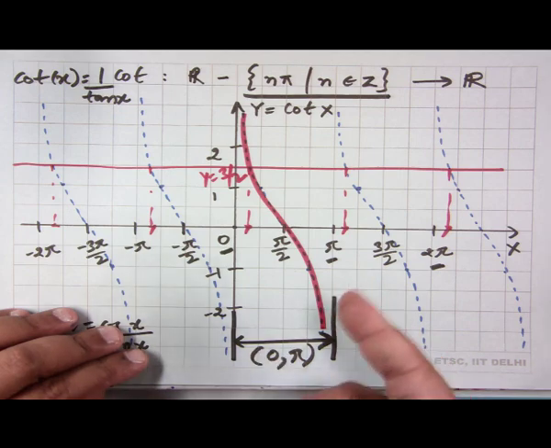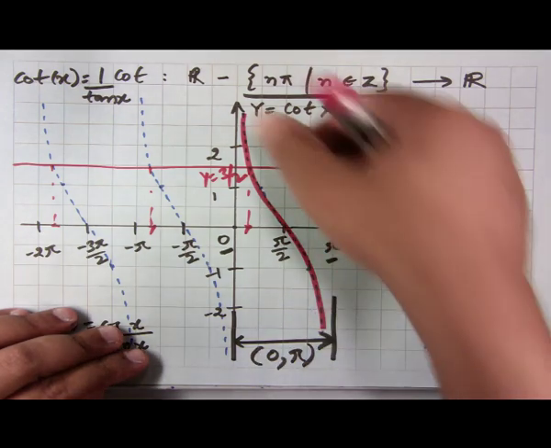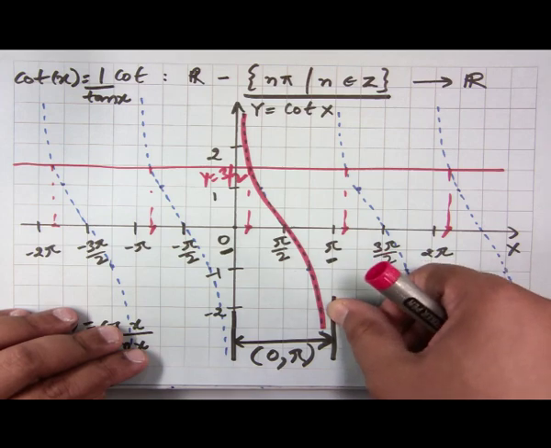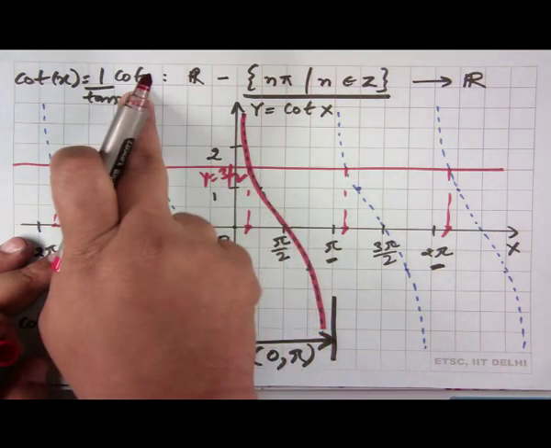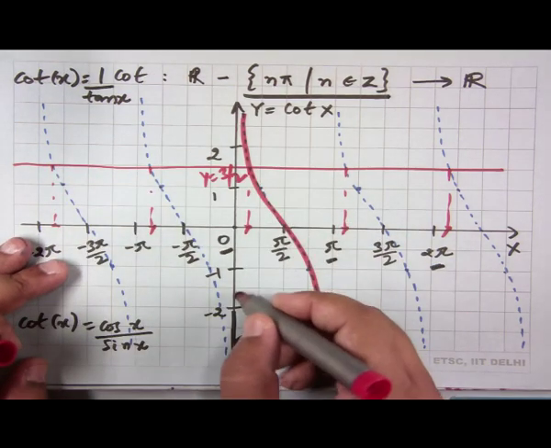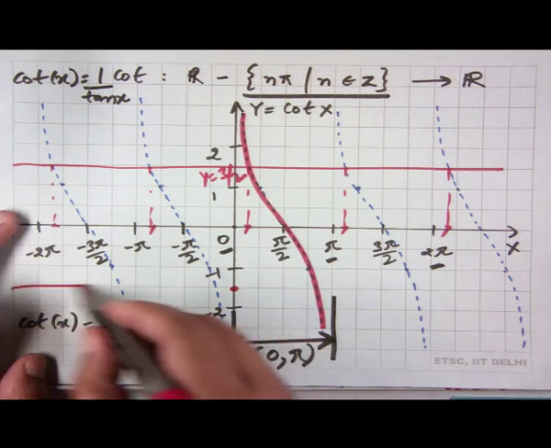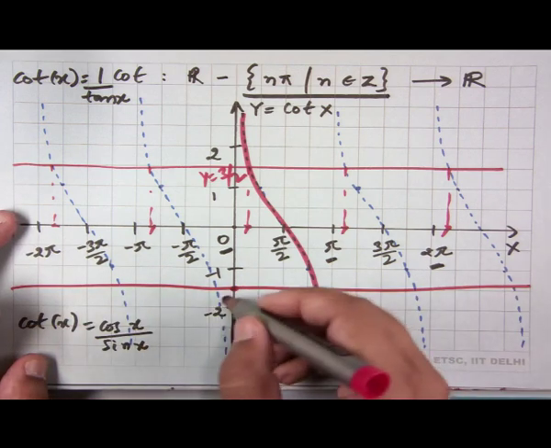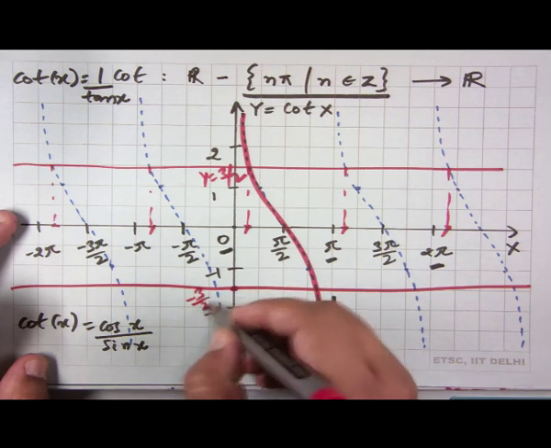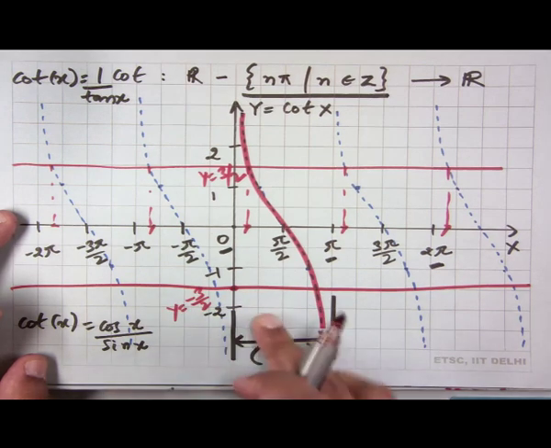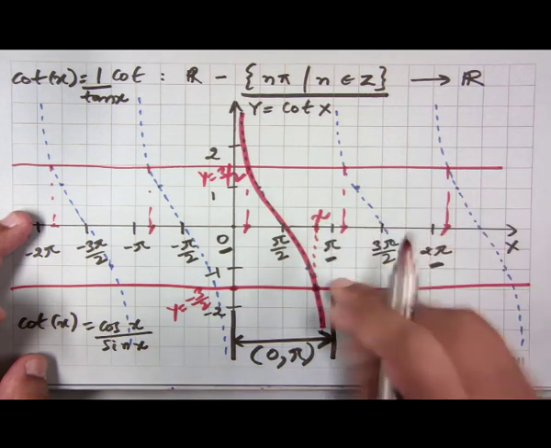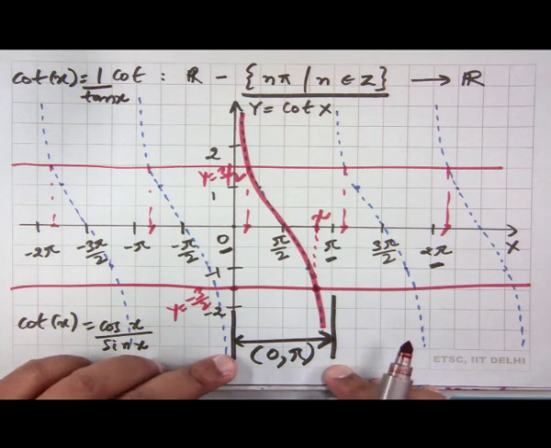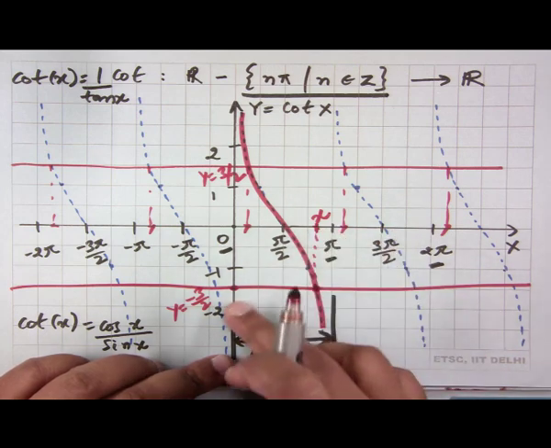And secondly, it is very easy to also see that the solid curve here is monotonically decreasing, and therefore, if we take any y in the range of the cot function, let us take a y here, this y is minus 3 by 2, there will be a unique x which is here, which will lie in this restricted domain of the cot function, such that cot of x will be equal to this y.